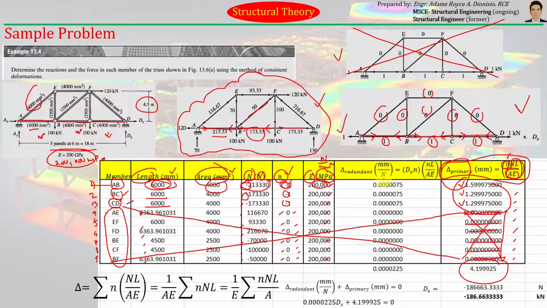For the case of the deflection of the redundant, you will just use the same formula. You just have to take note that the capital N here is changed to this. So that is actually the capital N supposedly. But since we are talking about the structure with redundant force, we have to express it in terms of dx.